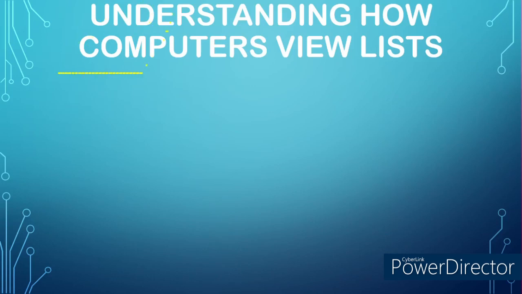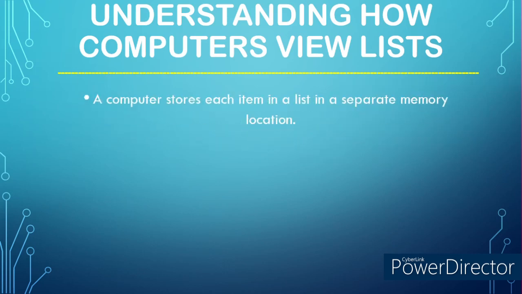The computer doesn't view list in the same way that you do. It doesn't have an internal notepad and use a pen to write on it. A computer has memory. The computer stores each item in a list in a separate memory location. The memory is contiguous, so as you add new items, they are added to the next location in memory.